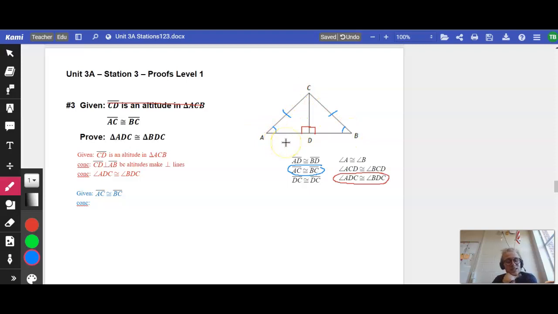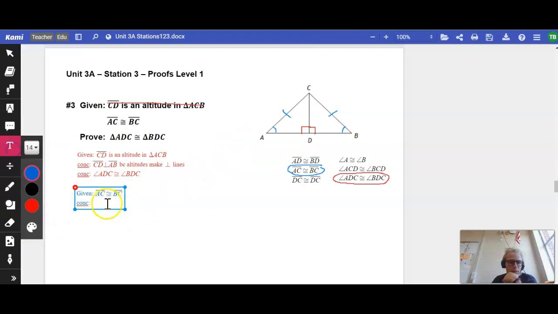If you didn't see that, that's okay, because you could have used the reflexive property in the middle here and used hypotenuse leg for that. But it's good to get in the habit of checking to see if we have an isosceles triangle. If they tell you two things are congruent, check to see if you get an isosceles triangle because of that.